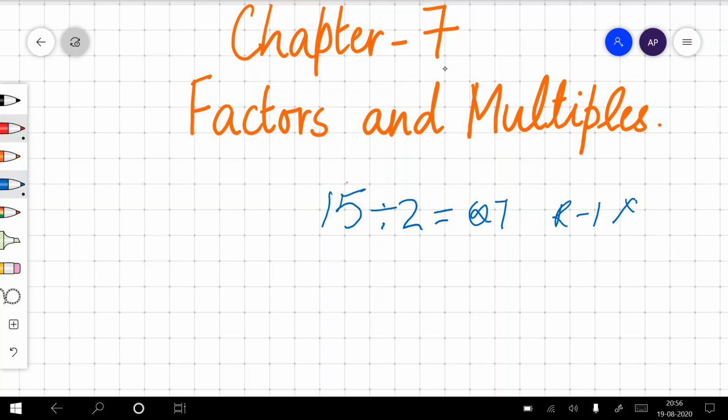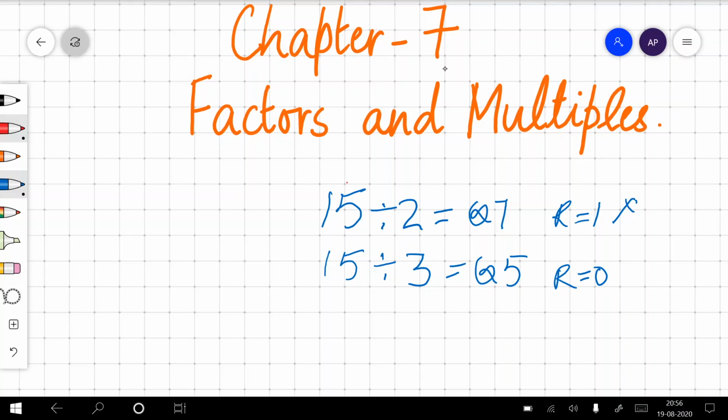The number is not divisible if it leaves a remainder. Only the number where the remainder comes 0 will be a factor. It means no remainder. So the next number, we will divide 15 by 3 and the quotient will be 5 and the remainder will be 0.